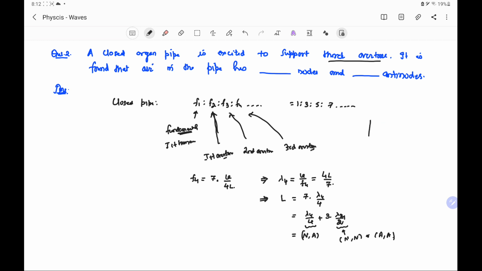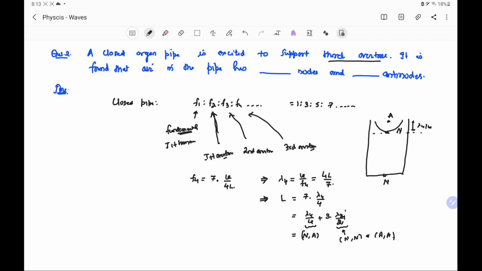So if we draw the closed pipe, then at open end there will be always an antinode, and at closed end there is a node, and in between there is a distance of lambda 4 by 4 between the successive node and antinode. So this distance is lambda 4 by 4.